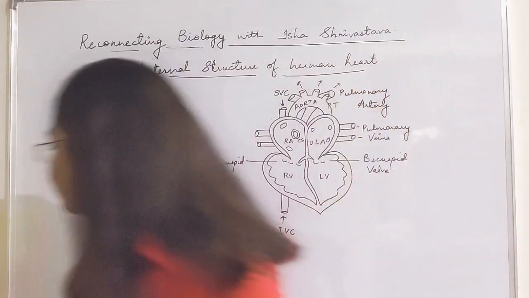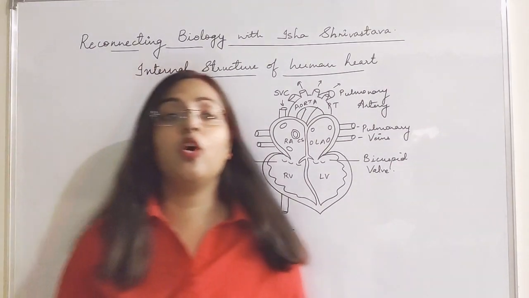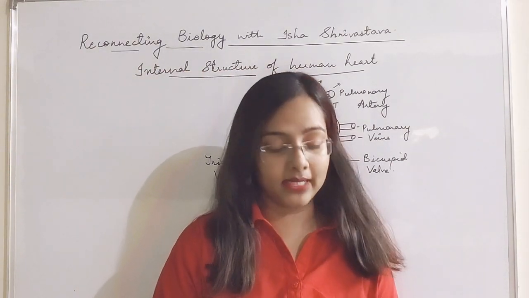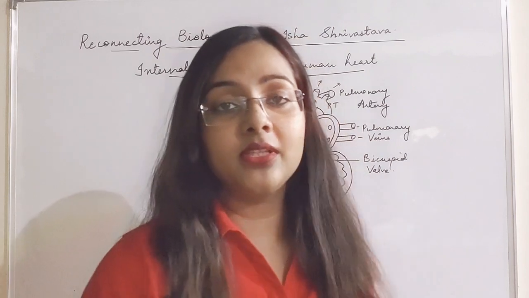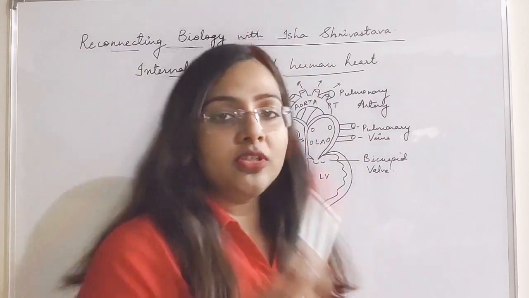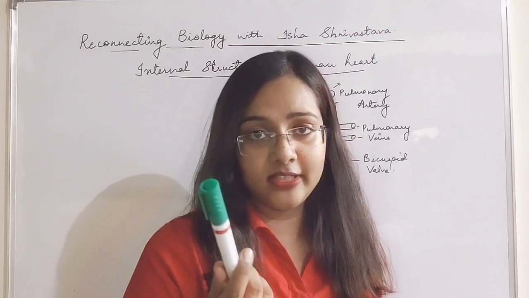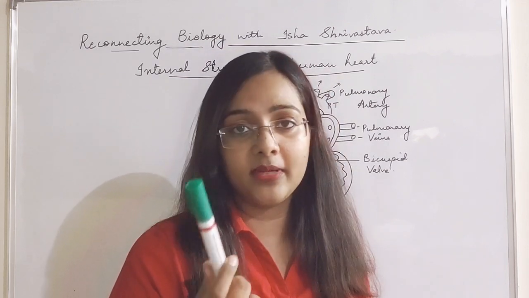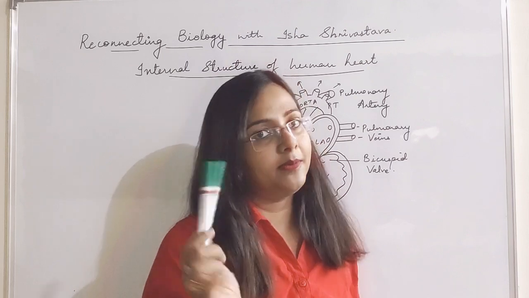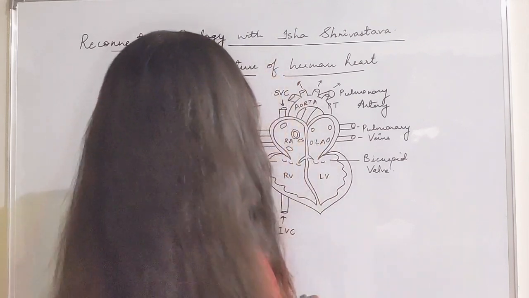Now I show the oxygenated and the deoxygenated parts of the heart with the help of colors. I use the red color for the oxygenated part of the heart and the green color for the deoxygenated part, that is the deoxygenated blood. I don't have a blue marker, so I'll be replacing that with the green one.